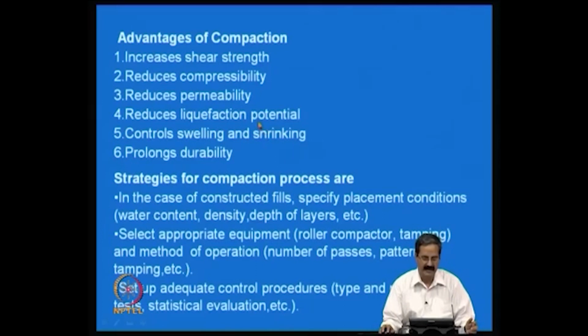There is one dam called Chang Dam in which it totally collapsed because the compaction of this soil in the initial stages was not very good, and people were using methods like flooding for compacting sand, which means that it goes to relative densities of about 60 to 70%, whereas if you want to really get very good resistance for liquefaction, you must be able to compact it to very high densities, and that is only possible by resorting to good compaction techniques.